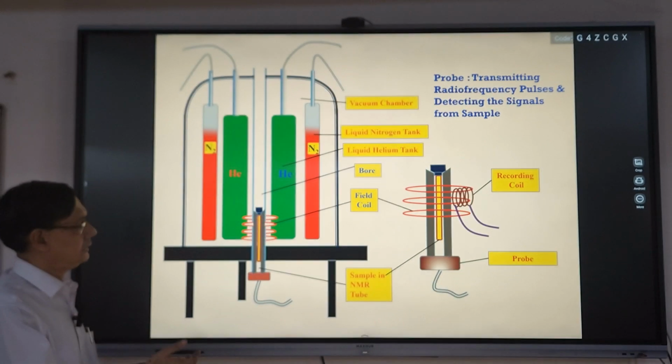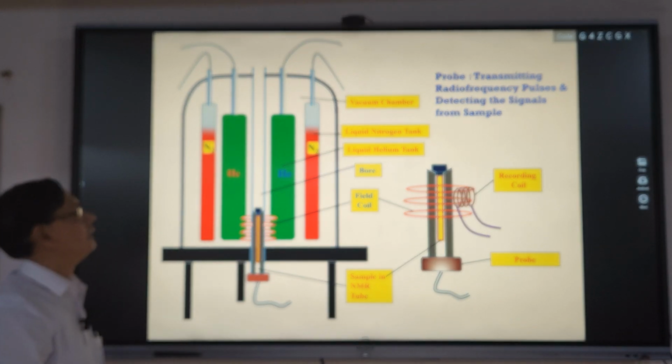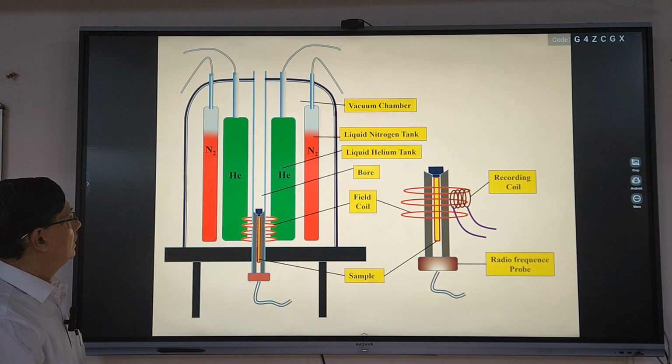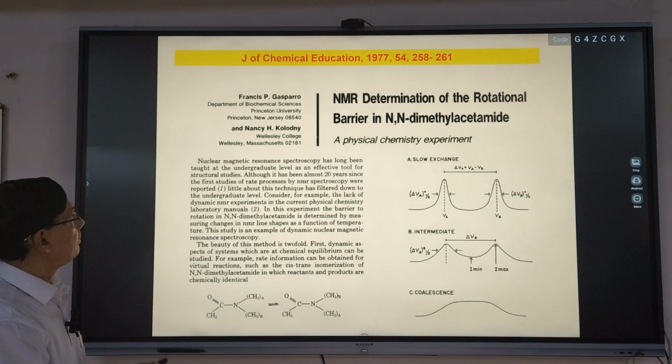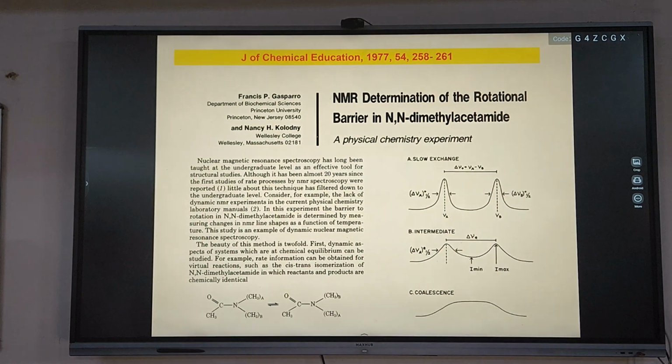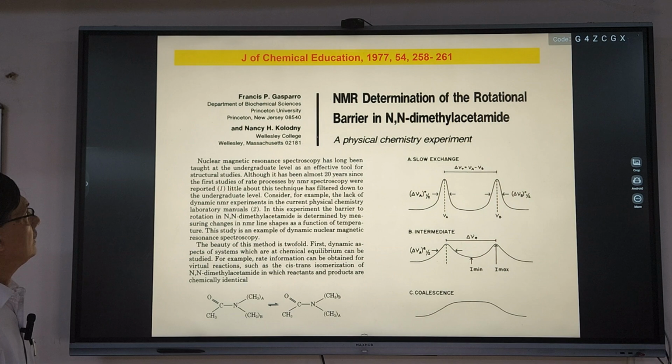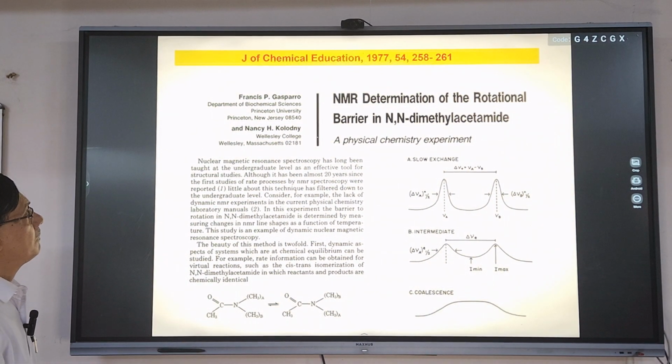Before exchange, what types of signals or peaks are we getting? I am just showing one example here; in my next lecture I will explain this kinetics.